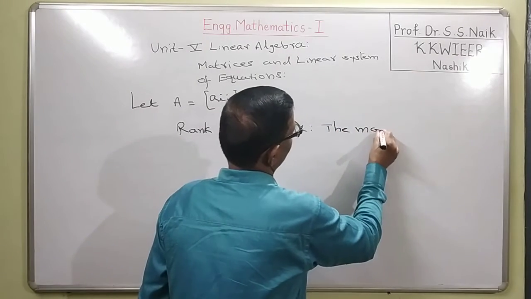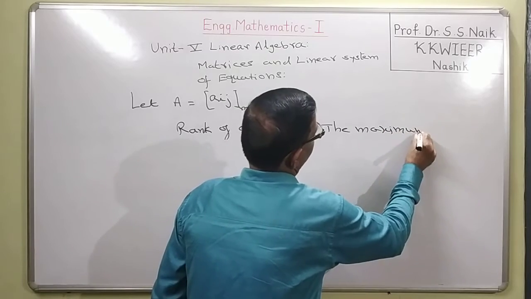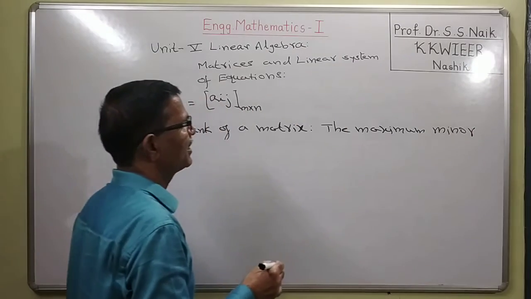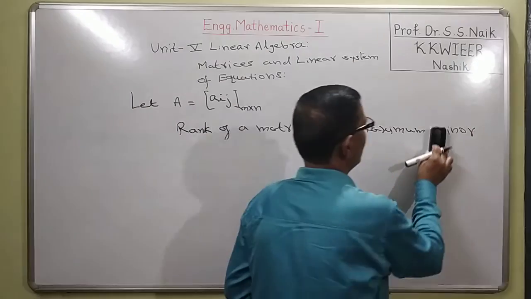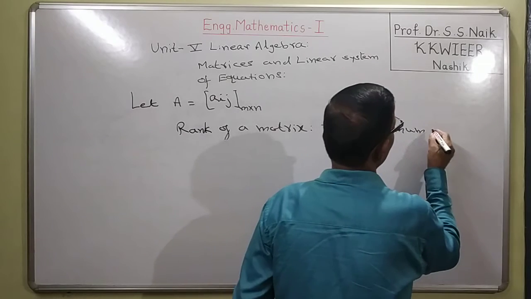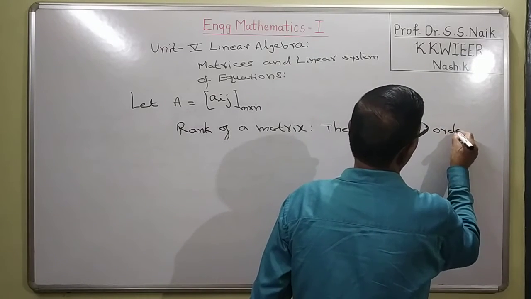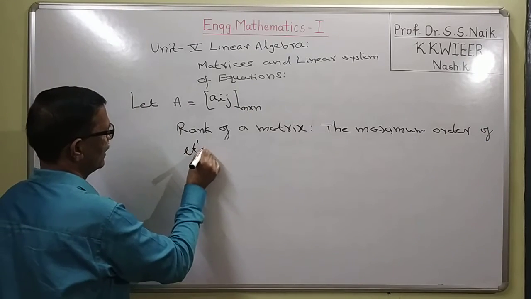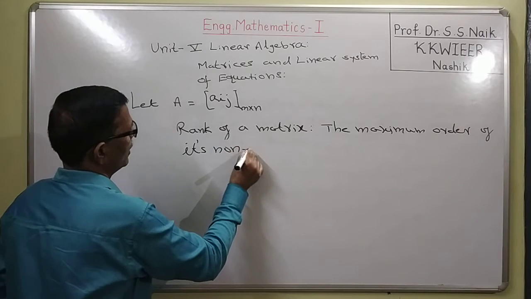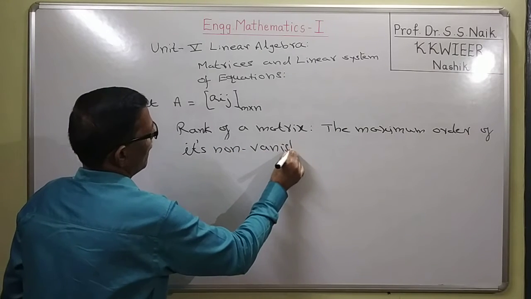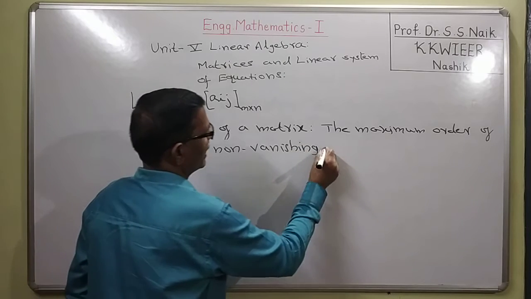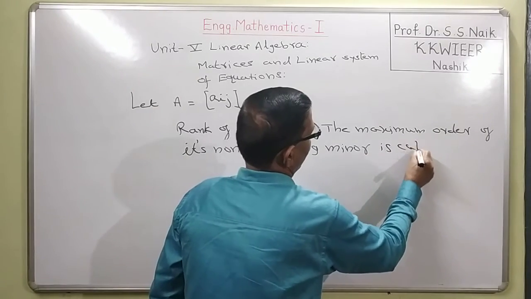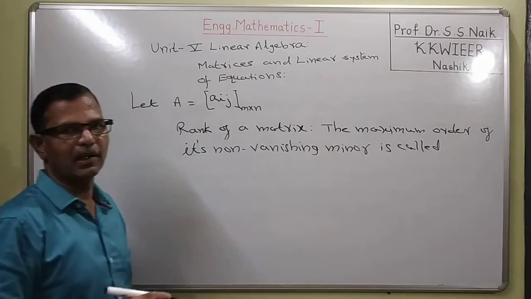The maximum order of its non-vanishing minor is called rank of a matrix.